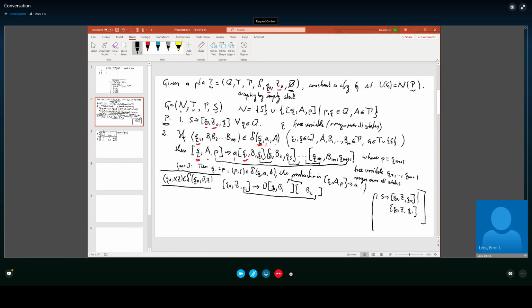So the P, which is the Q3, which is the same, is fixed, ranges over all variables. So it can be Q0, it can be Q1. And then the Q2, again, ranges over all variables. So it can be Q0 or Q1. So what you have then is something here and something here.